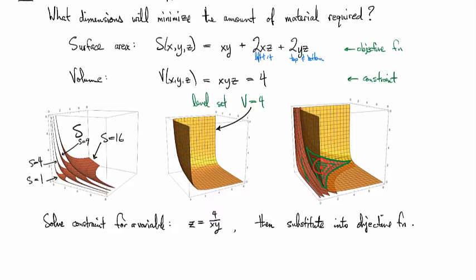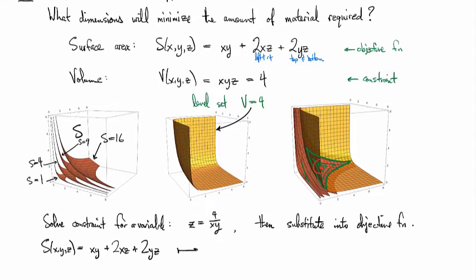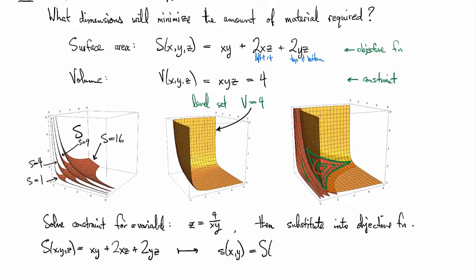So we started off with S(x,y,z) equals xy plus 2xz plus 2yz. And when we substitute that in, I'm going to call this little s just to differentiate it, because it's now a function of only x and y, obtained from the big one by doing this substitution.